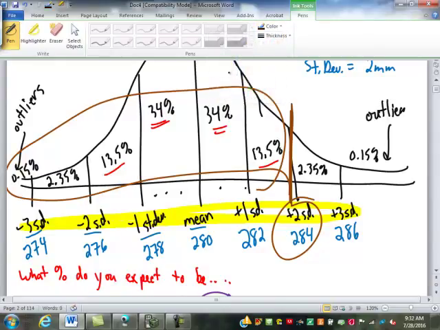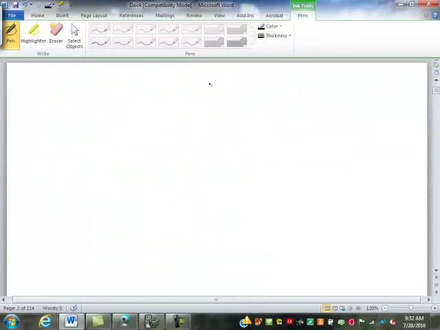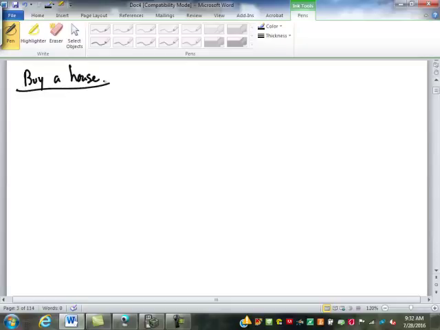Well, outside of manufacturing, how could this be useful to you? Let's say you go to buy a house. You're going to move to a new area and you're not really familiar with house prices in that area. So you do some research and you find what you're looking for is a 3-bedroom, 2-bathroom house.